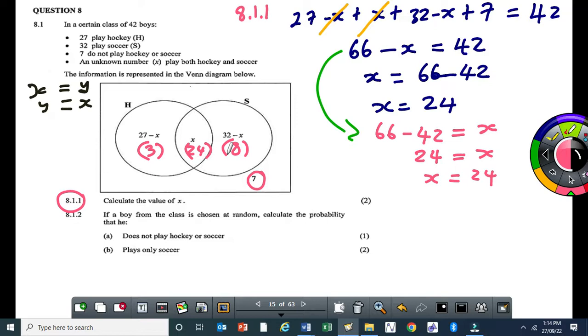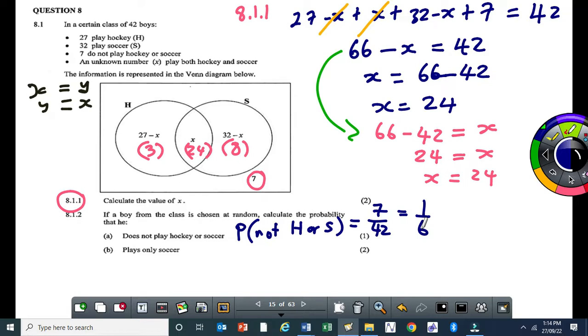Those who don't play hockey or soccer are 7. So P of not hockey or soccer will be equal to 7 over 42, which is 1 over 6. We can say P neither hockey nor soccer. You can write that as well.